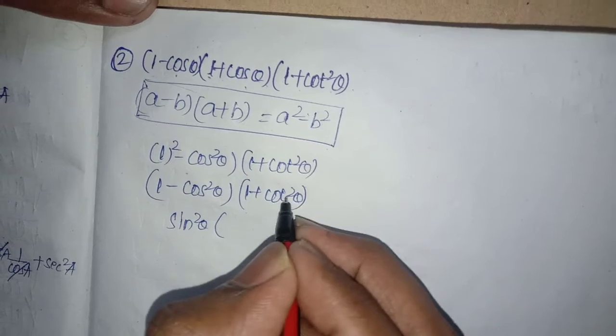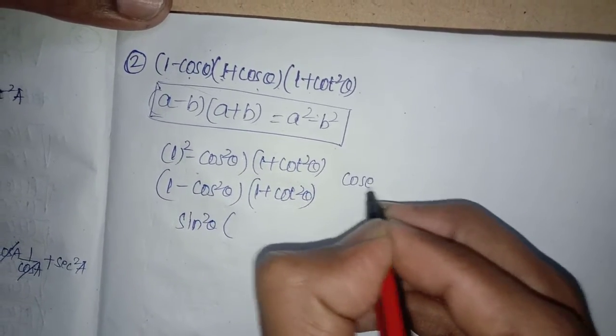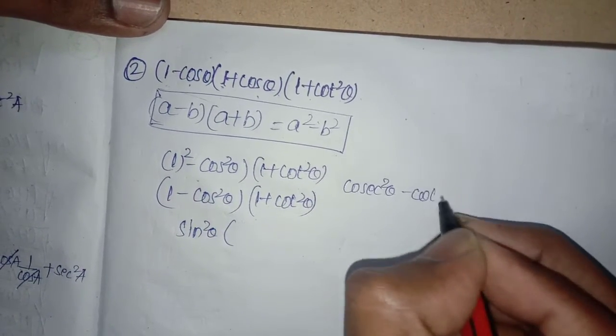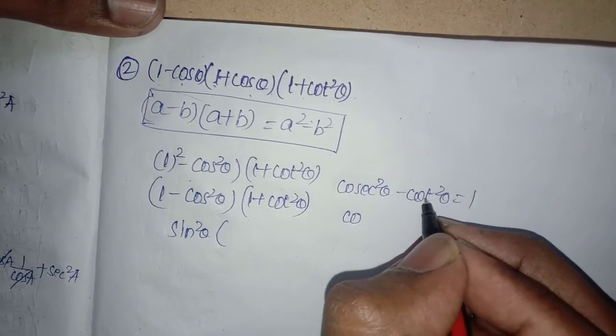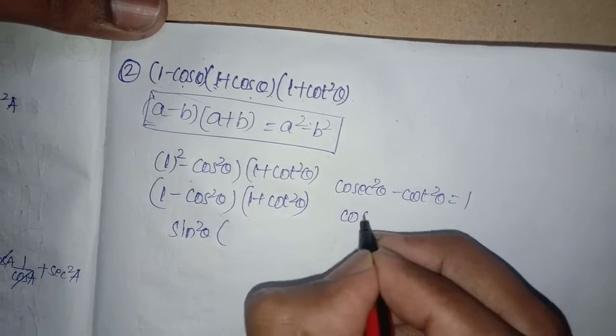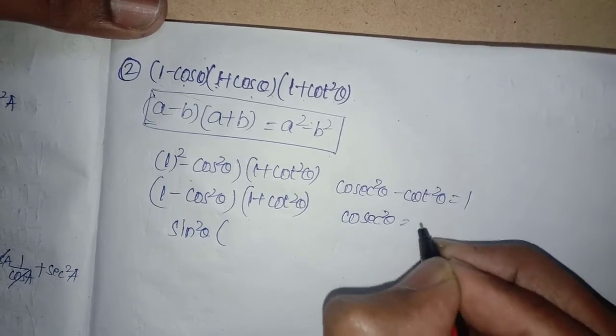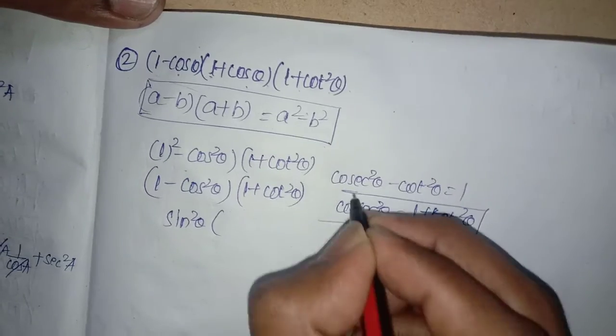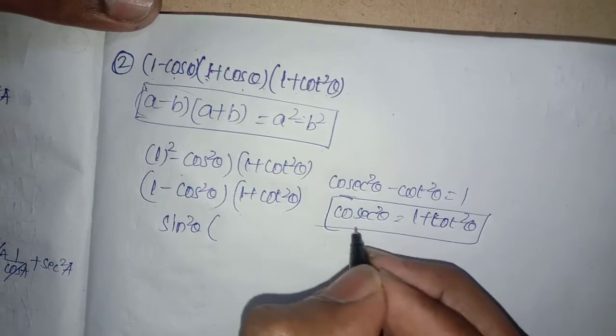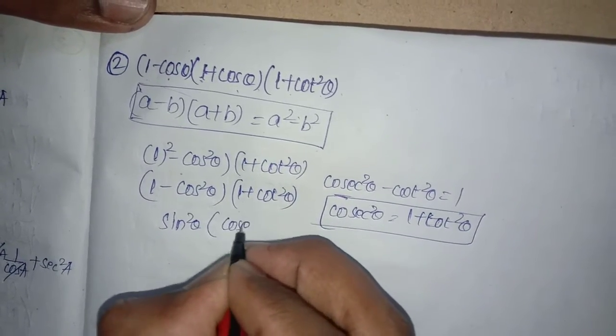For 1 plus cot square theta, there is an identity: cosecant square theta minus cot square theta equal to 1. They asked for 1 plus cot square theta, so cot square theta goes to the other side: cosecant square theta equals 1 plus cot square theta. So here we are given 1 plus cot square theta, so we will get cosecant square theta.